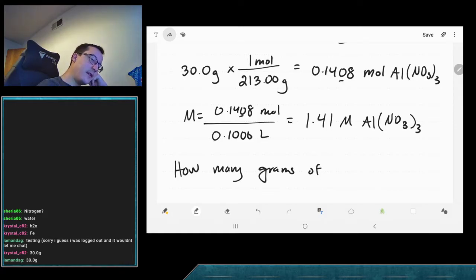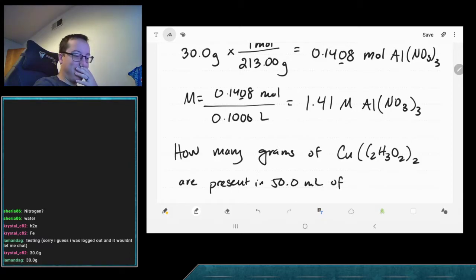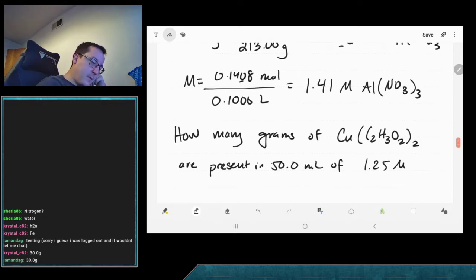What is a fun solute to use? How about, let's see, in 50 milliliters of 1.25 molar copper 2 acetate.